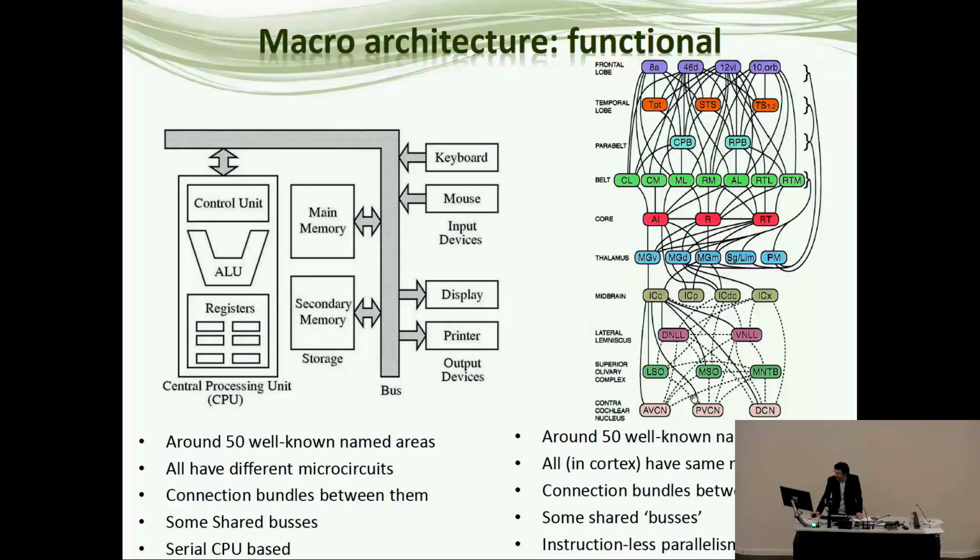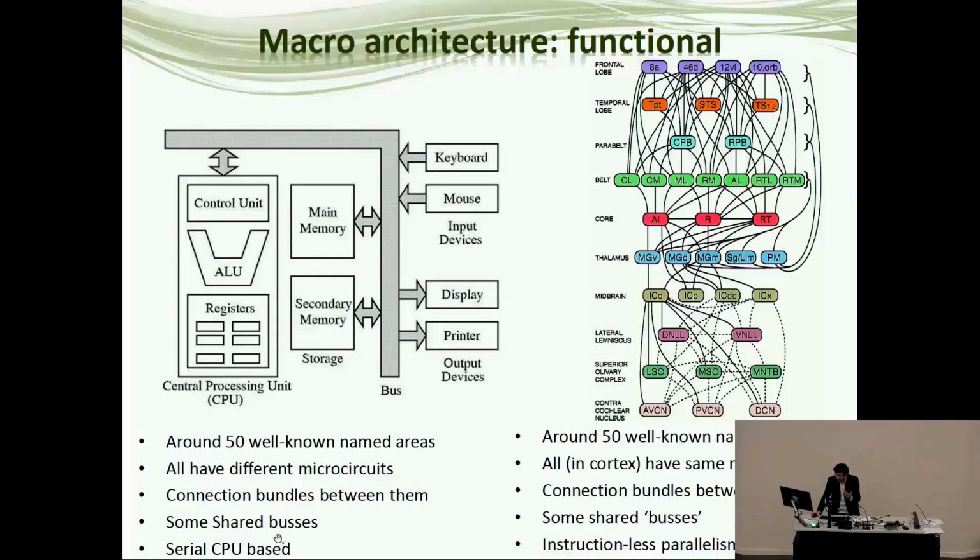We know that these areas are functionally connected to each other by sending what look a lot like buses. They send groups of wires from one area to another area in bulk. Some of these really do function like buses. They can be an output of one area, and they can go out as a bus and be connected to by a whole bunch of other areas who are all receiving the same input. But the big difference is that our CPUs are based on this instruction idea.